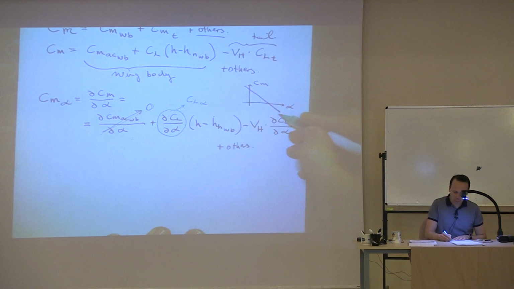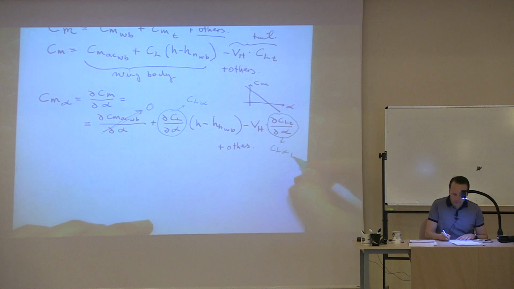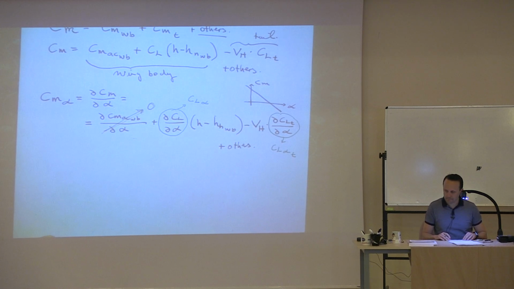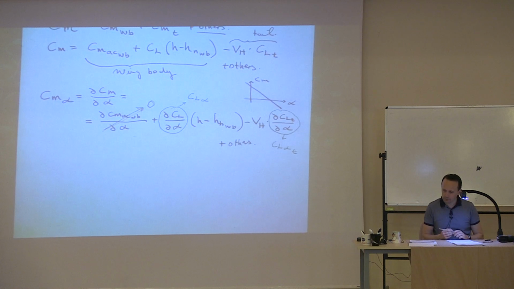You have a similar term over here, which is Cl alpha, basically the lift curve slope of the tail. So how does the tail change that?